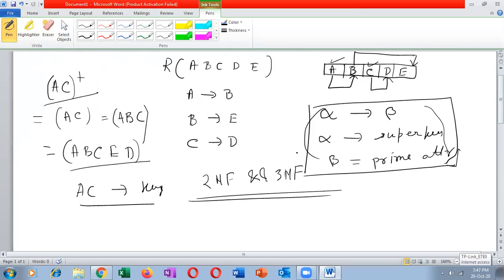So let me draw the figure again, or let me erase this.